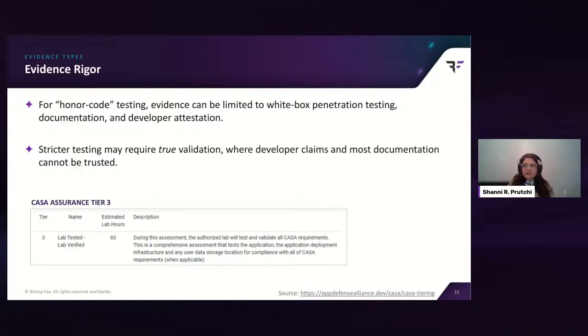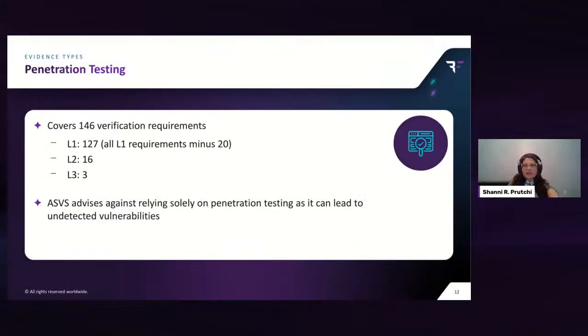In cases like this, we can add one more type of evidence, and that's infrastructure access. For the rest of this section, we're going to explore each of these 4 types of evidence. First and foremost is penetration testing. This covers 146 verification requirements. 127 of them are in level 1, which is all level 1 requirements, with the exception of 20, 16 in level 2, and 3 in level 3.